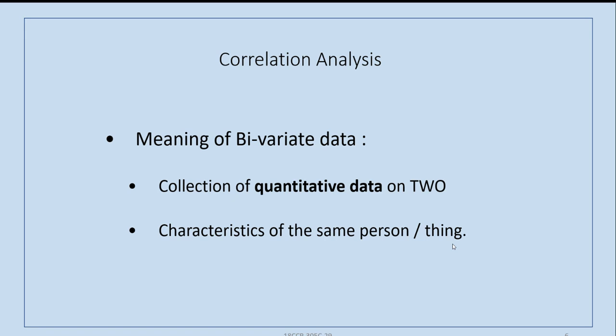Variable means one item, two items, three items, four items. Like this we will be taking. So one item is by single variate or single variable you can call, and two items, that is bivariate.